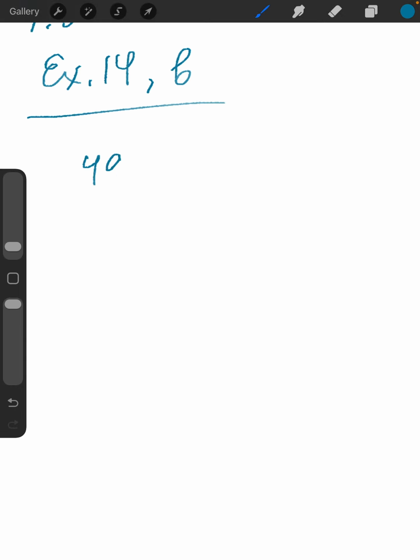So let's write it down. 49A plus 42C minus 7AY minus 6CY, right?